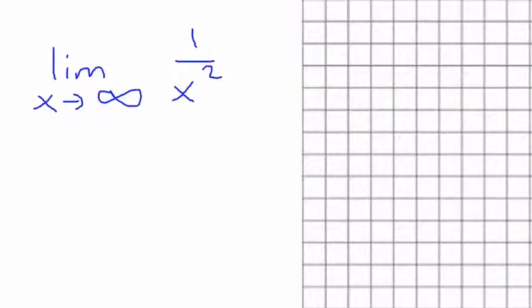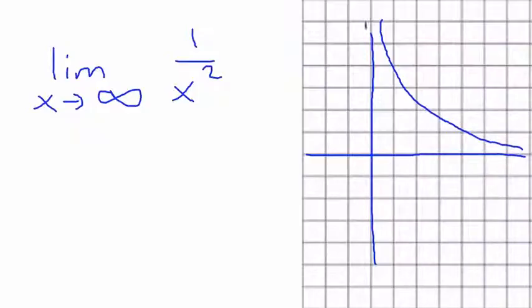Sometimes when limits go to infinity, we have to find different ways to do it. In the graph 1 over x squared, as x approaches infinity, what's the limit? So in this case, let's draw the graph. In this case, it's an asymptote.